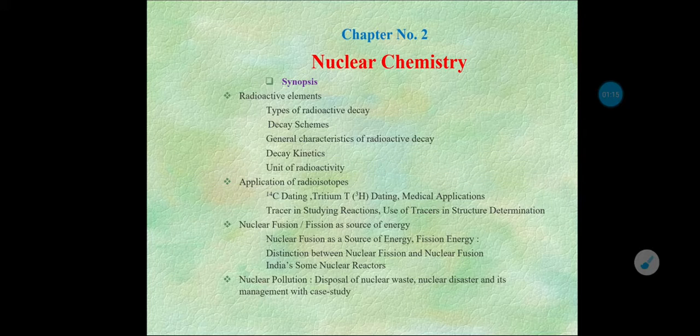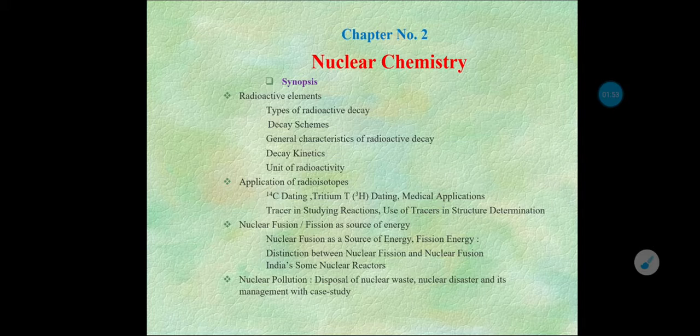Friends, nuclear chemistry is one of the most important chapters in physical chemistry, because in this chapter we will see something different from other parts of chemistry. In all aspects of chemistry, electrons play a very important role, in any type of reactions, addition, substitution.